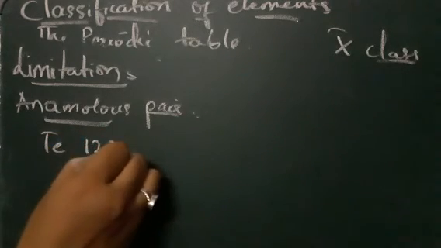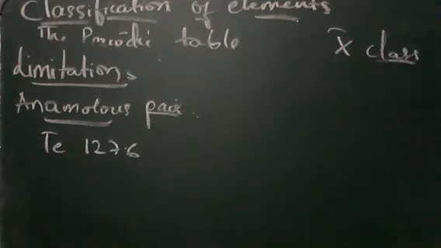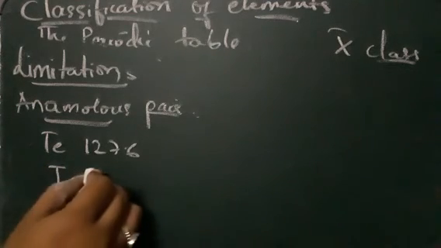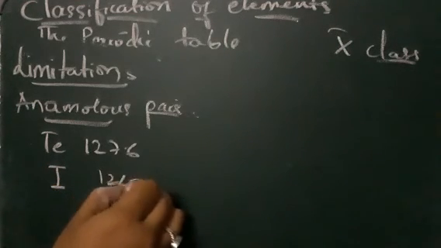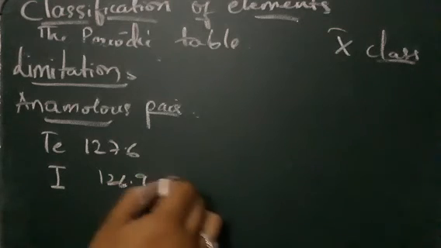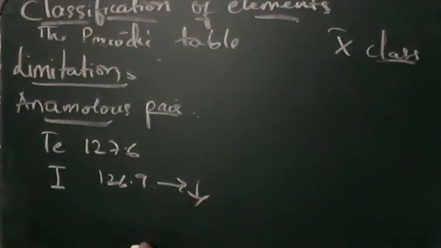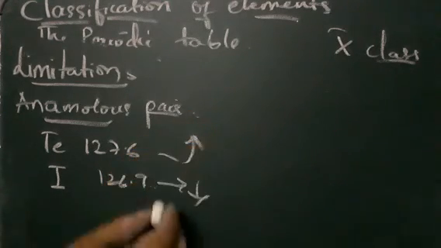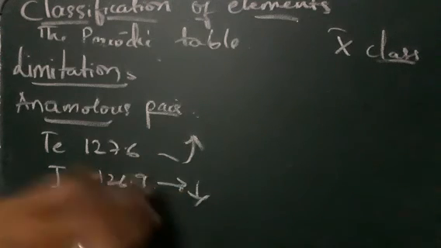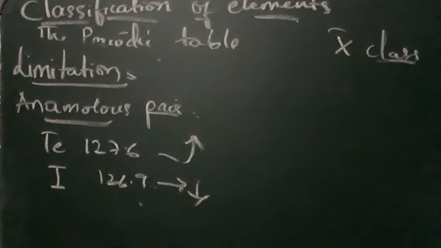It is 127.6, and it precedes iodine, whose weight is 126.9. So this has less atomic weight and that has more atomic weight, which means some change should be made between this pair of elements.